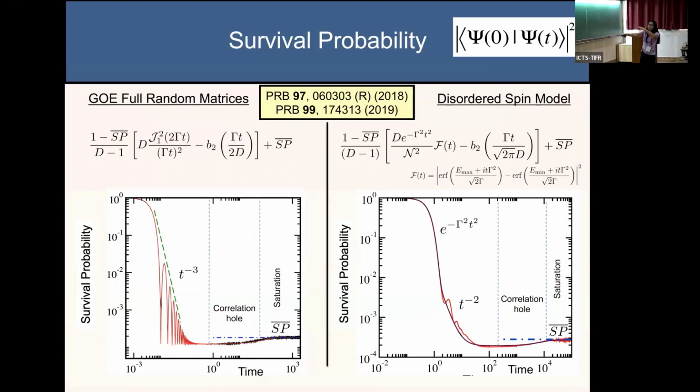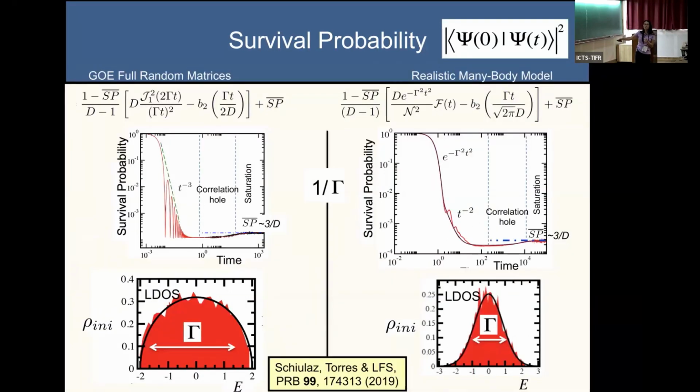The saturation is also 3 over the dimension, and the B2 is going to describe the correlation hole. What changes is the initial behavior. And where is this initial behavior coming from? The energy distribution of the initial state, which is no longer a semicircle, it's a Gaussian.